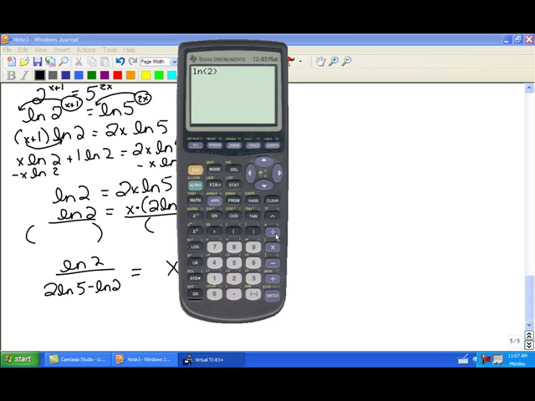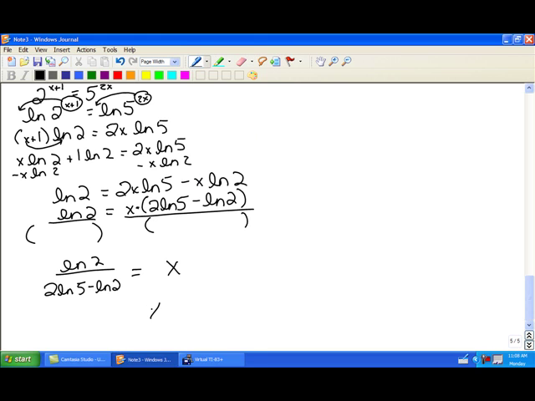That's going to be your numerator, divided by, since this is more than one term, we're going to have to use parentheses, the quantity of 2 natural log of 5, closing for the natural log of 5, minus the natural log of 2, closing for the natural log of 2, and then closing for the denominator, is going to give us 0.274 as our answer. You can do a check in your calculator if you'd like to and make sure that that works.